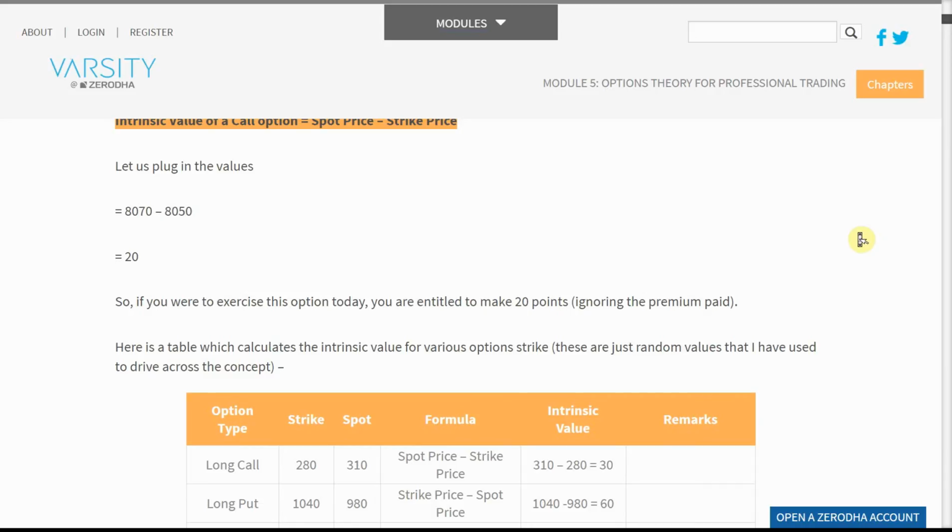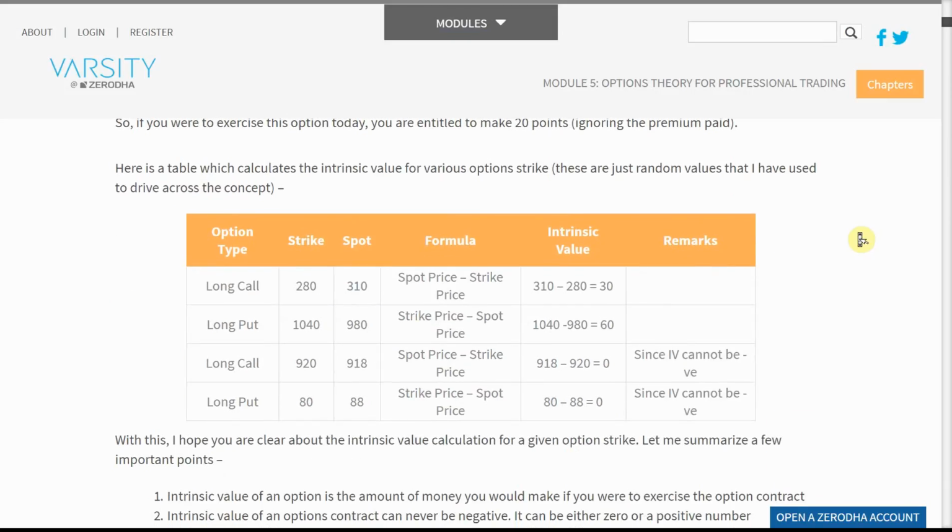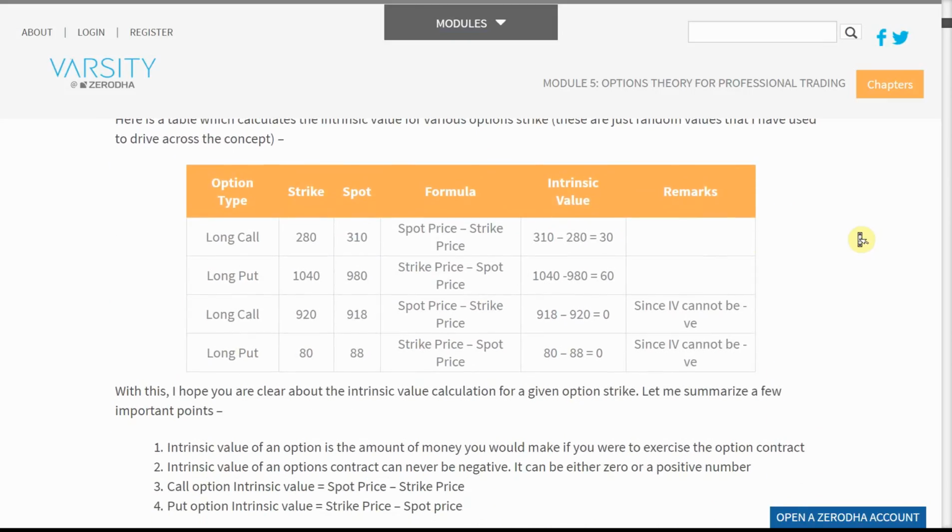Here is a table which calculates the intrinsic value for various option strikes. These are just random values that I have used to drive across the concept. Option type, strike, spot, formula, intrinsic value, remarks. Long call, 280, 310, spot price minus strike price, 310 minus 280 equals 30.